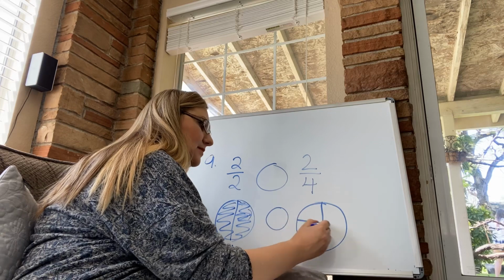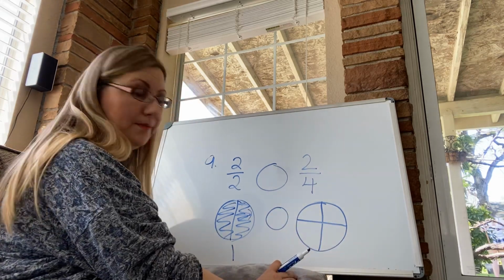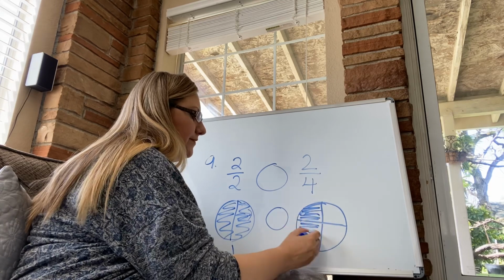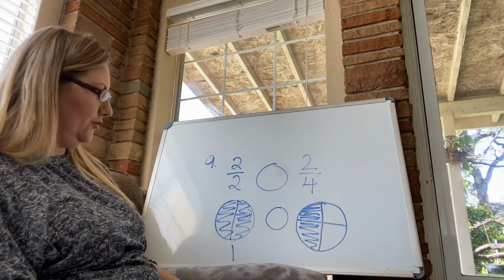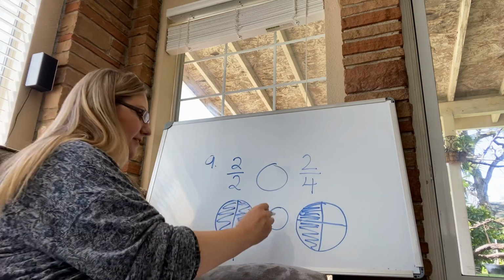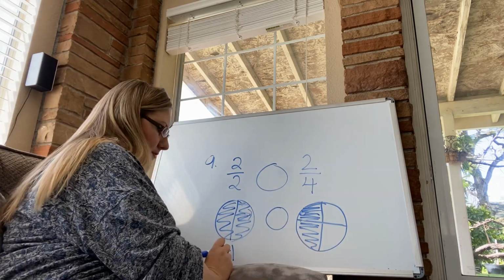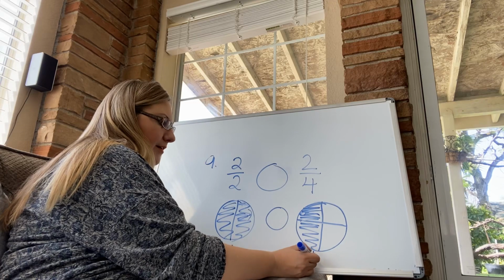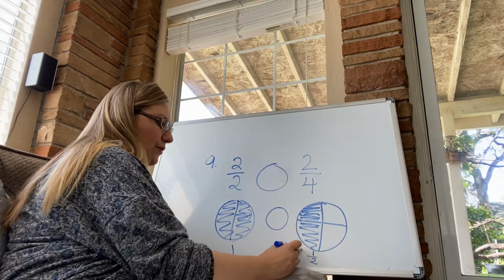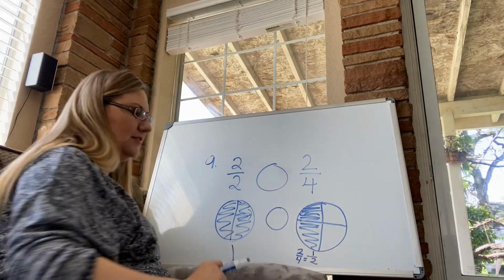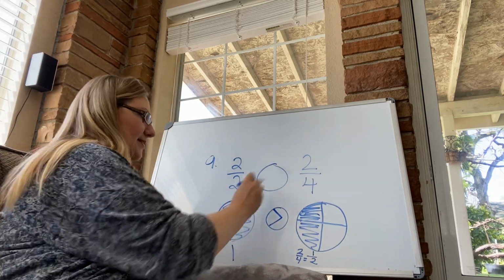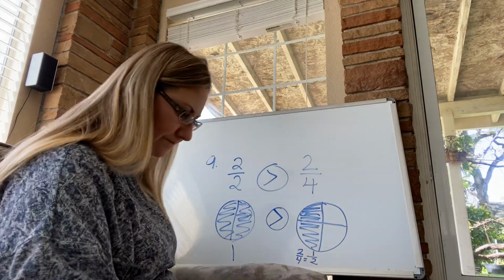Now this congruent circle is divided into 4 parts, and 1, 2 of these are shaded. Okay, which one's bigger? Obviously, this one is bigger than this 2/4, which is the same as a half. So we are going to say this is greater.